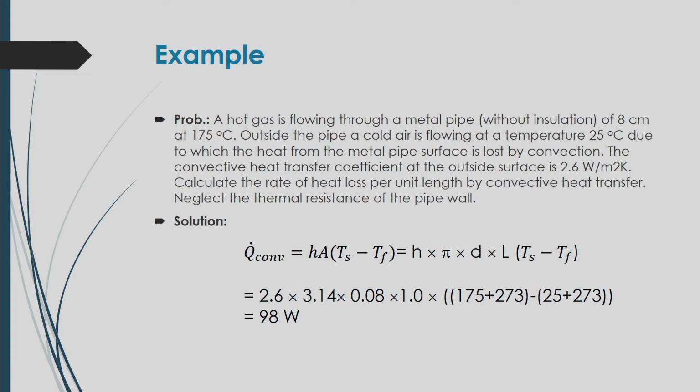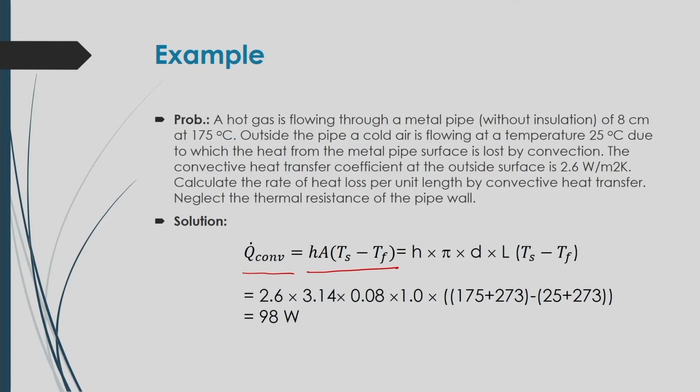Now, in this condition you have to calculate the rate of heat transfer per unit length by convective heat transfer, and in this case you can neglect the thermal resistance of the pipe wall. So, as per Newton's law of heating or cooling, the rate of heat transfer by this convective mode can be defined as Q = hA(Ts − Tf).